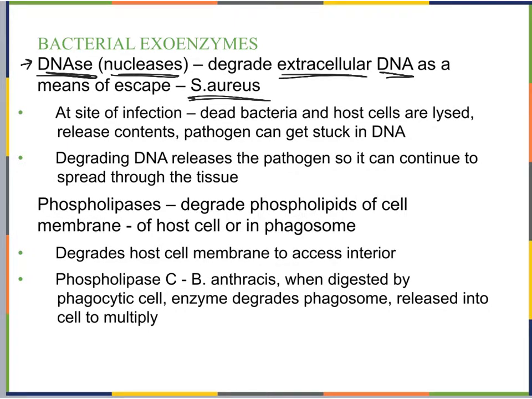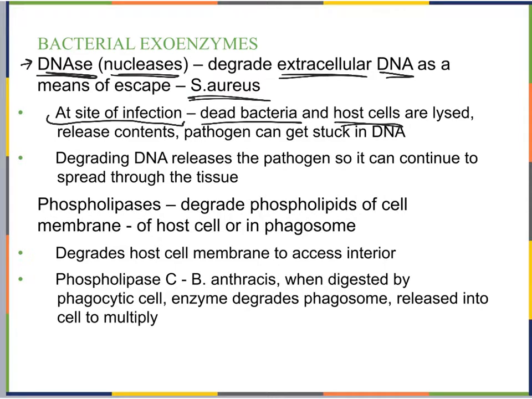So at the site of infection, say you get cut and whatever you were cut with had some Staph aureus on it. At that site, that's where we have infection. So that's where we have the Staph aureus getting into the body and then starting to multiply. We're going to have dead bacteria there and host cells. And so the bacteria, as they're producing, some of them are going to burst and they're going to be dying, especially if we have white blood cells and things that are starting to fight them off and killing them.